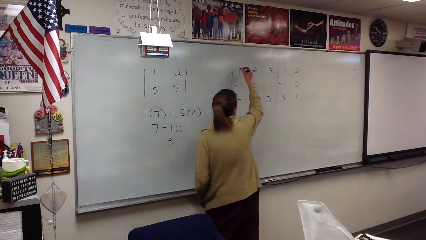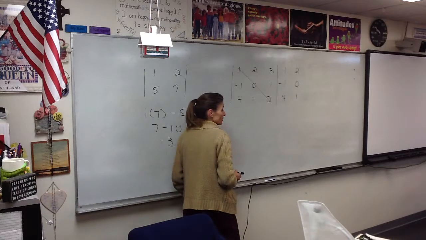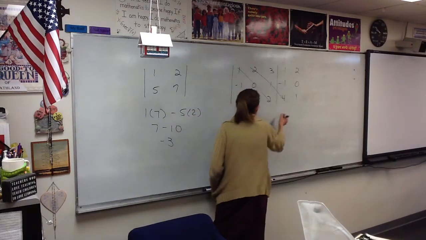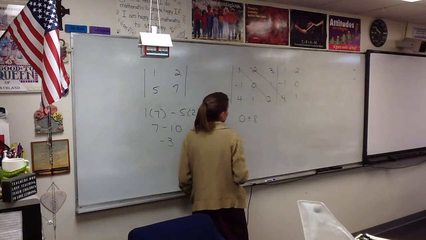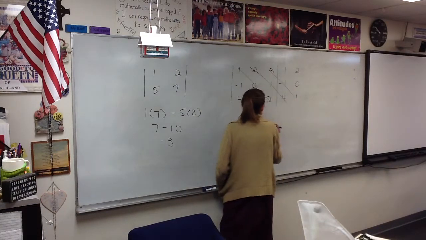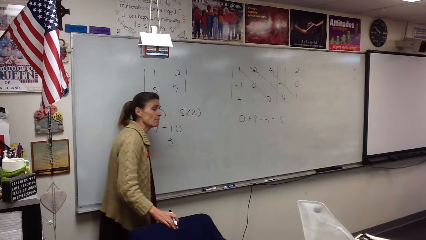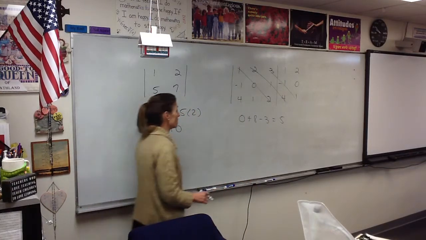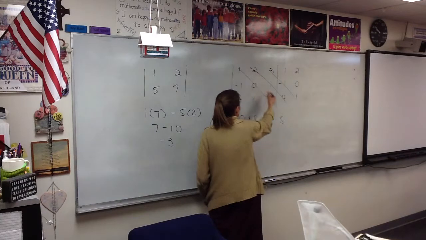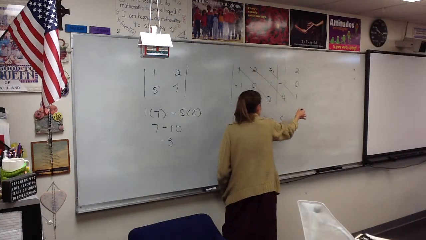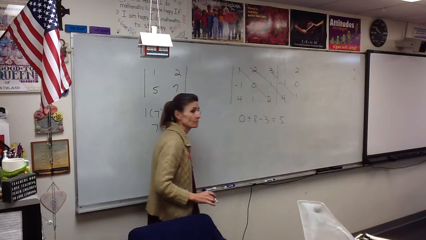Now we multiply these 3 numbers together and we get 0. And we multiply these together and we get 8. And we multiply these together and we get -3. So when I add all those numbers up, I get 5. So I multiply these, I multiply these, I multiply these, and then I add them up.